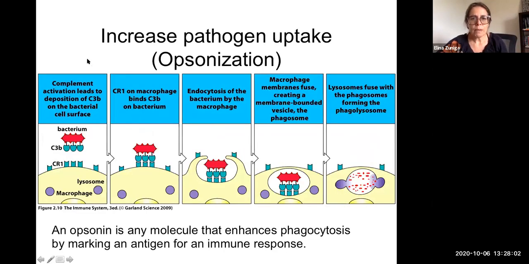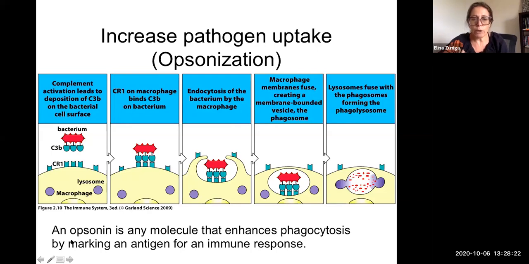So we talked that C3b will induce the destruction of the pathogen. One of the ways in which it will induce the destruction of the pathogen will be by enhancing or increasing the pathogen uptake. And this is called opsonization.